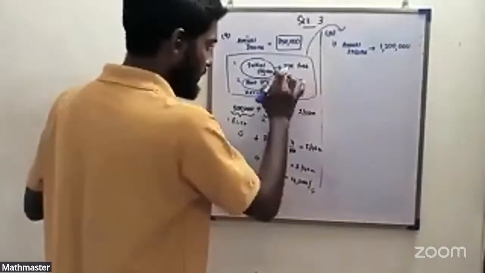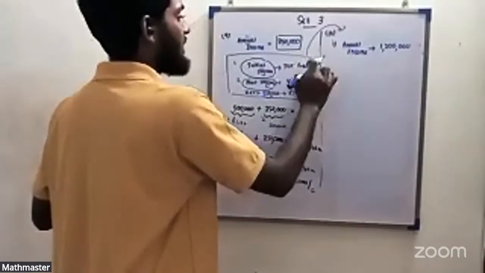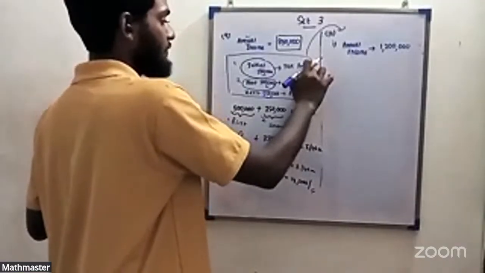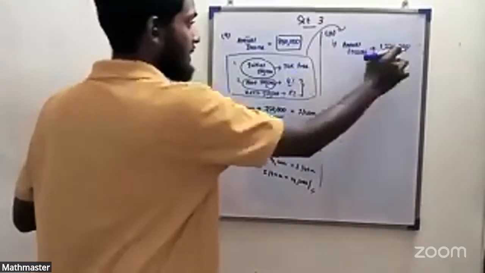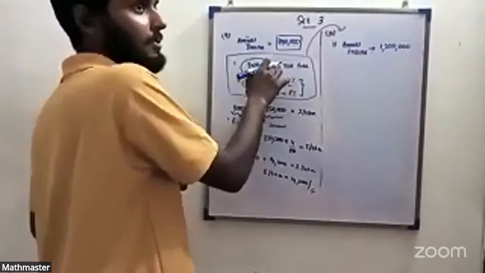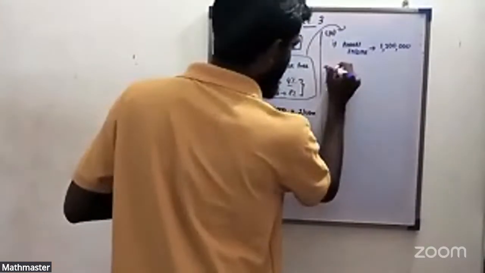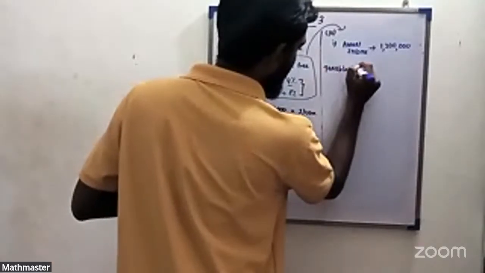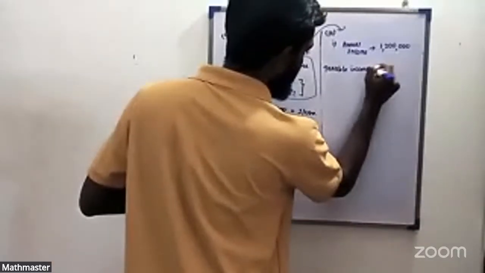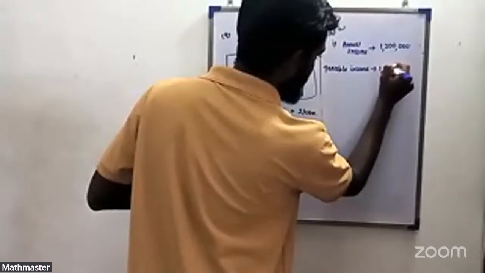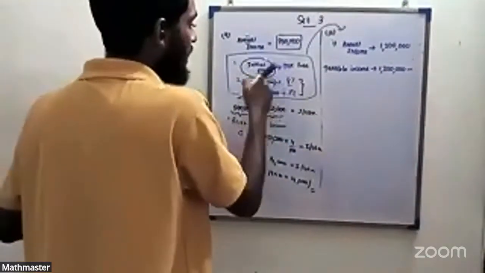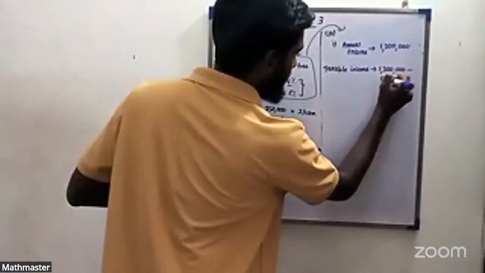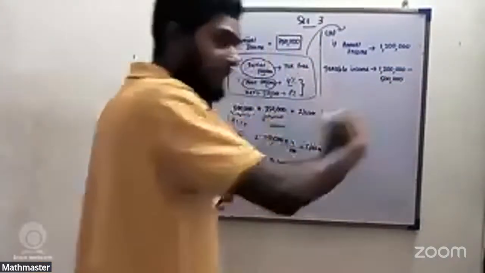So you have to subtract the first 500,000 from this amount 1.2 million, because for this first 500,000 you don't have a tax.